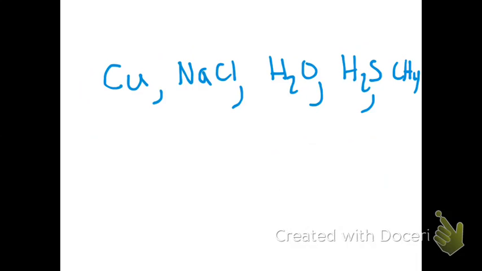Okay, so we have all of these molecules. I put these in order of increasing or decreasing boiling point. So the boiling point should increase this way. Well, why does the boiling point increase?